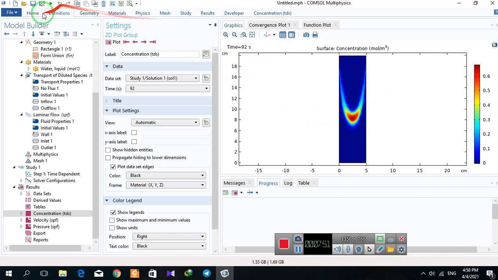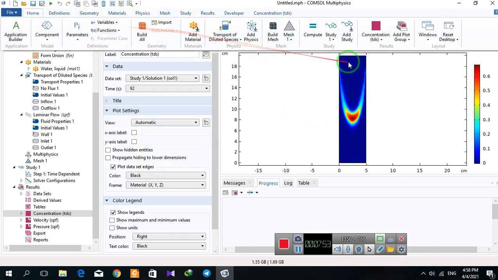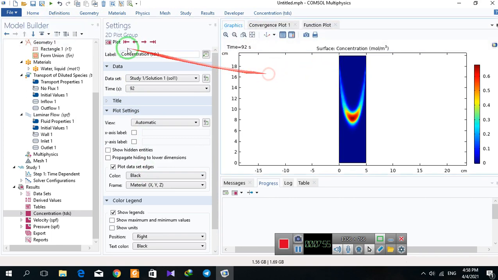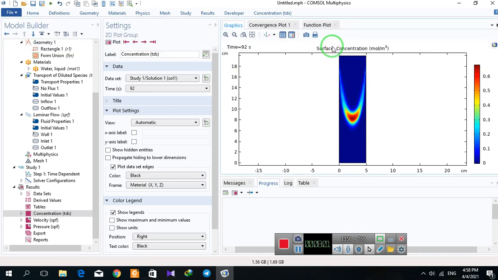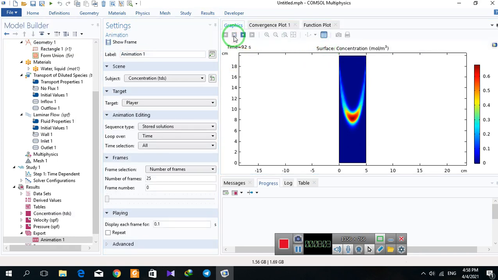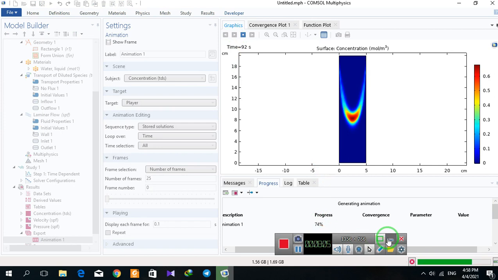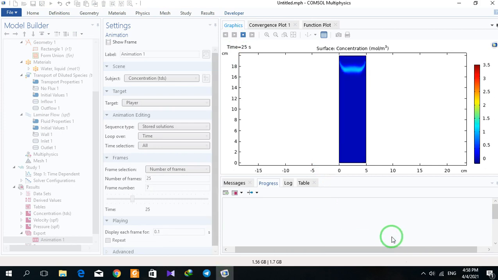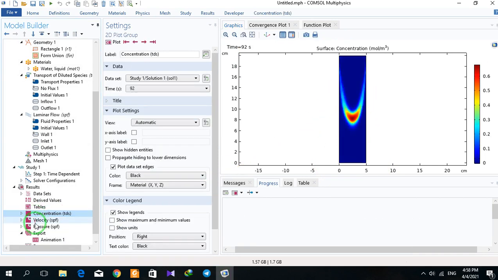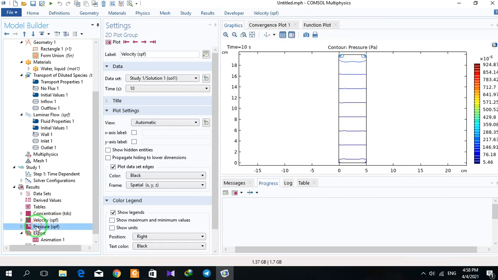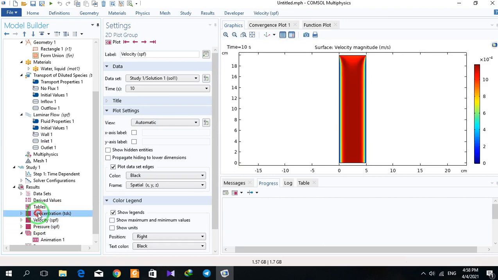So I can make an animation by clicking on results, animation player. And it would be a kind of pulse in our system. It is for injection of a tracer in a reactor.